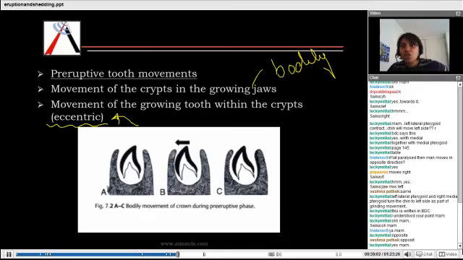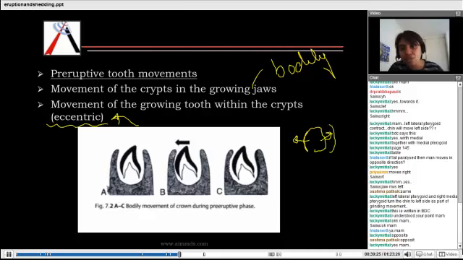See the term, eccentric movement. What happens is your tooth germ is actually growing, isn't it? When the tooth germ is growing, sometimes it doesn't grow equally in all directions. The tooth germ takes a different shape and grows more on one side and less on the other.